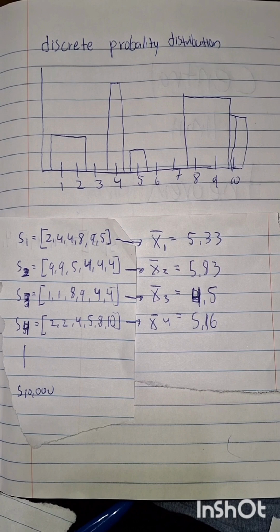We get 4.5 for the third group, and for the fourth group, we get 5.16. Pretty easy stuff. To find the mean, all you got to do is just add all the numbers and divide by the number of students that we have. In this case, it's 6. And that's how you find the mean. So you have the mean for all these groups of students, S1 all the way to S10,000.